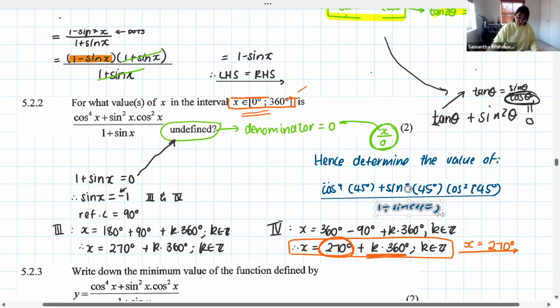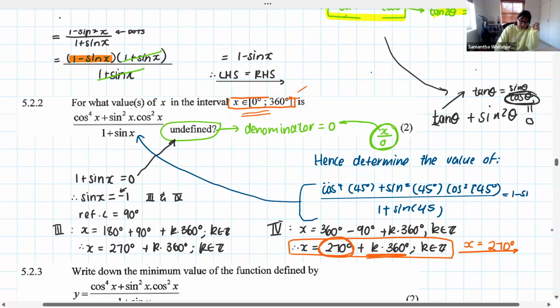Now, what you need to realize here is the fact that this fraction that I've just written out is exactly the same as the left-hand side of my identity. In the previous question, you had just proven that this identity was equal to 1 minus sine x.